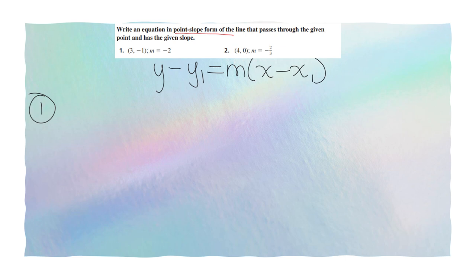What will be the final answer here? Y minus -1, which gives me what? Plus 1 equals -2 times x minus 3. That's all they're asking us, to write it in what? Point slope form. They're not asking us to do anything else, correct?